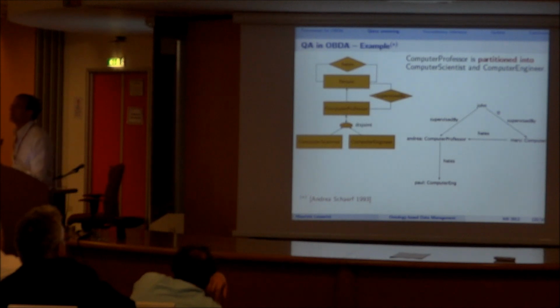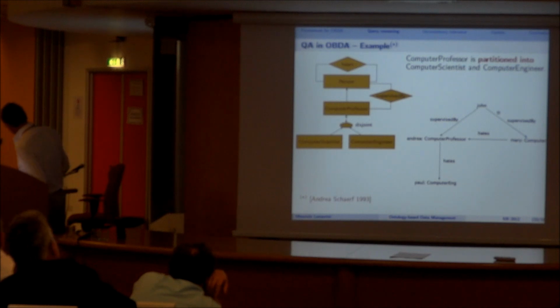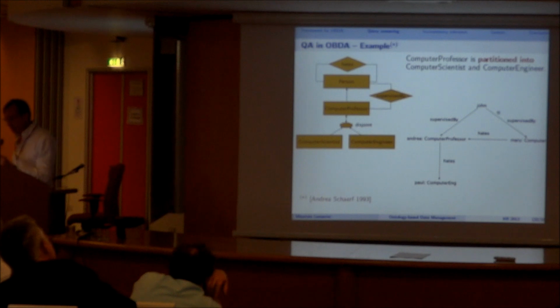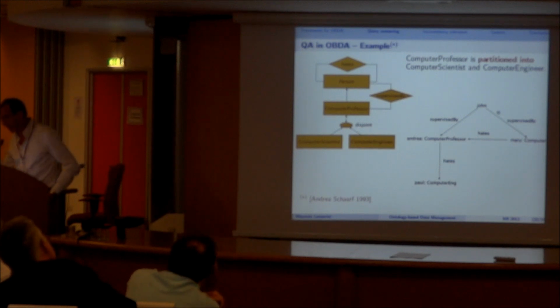So let's see what happens. Let's try to see an example and understand why it's not immediate or simple to answer queries in a setting like this. We have our ontology, and we have now the facts that come from the data by means of the mapping, and the facts are the following.